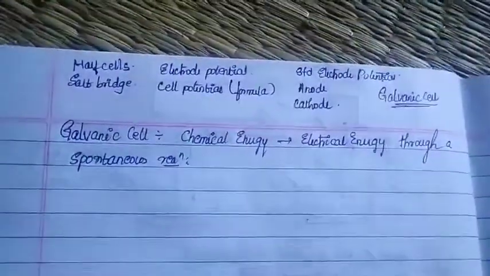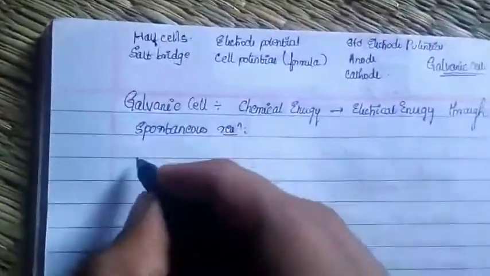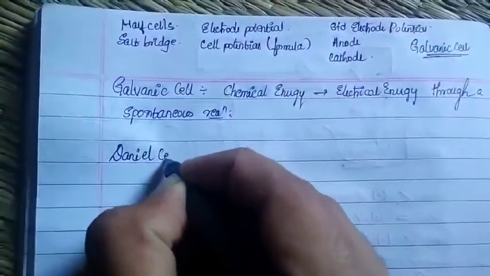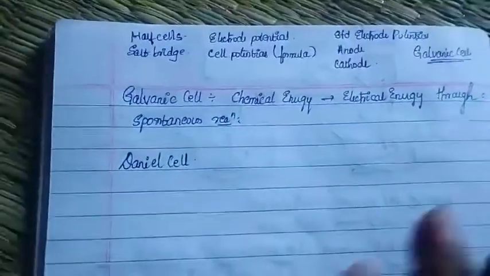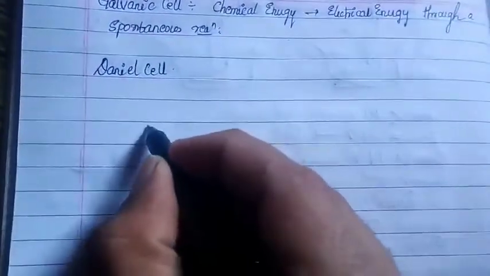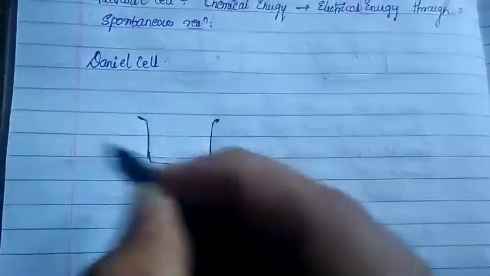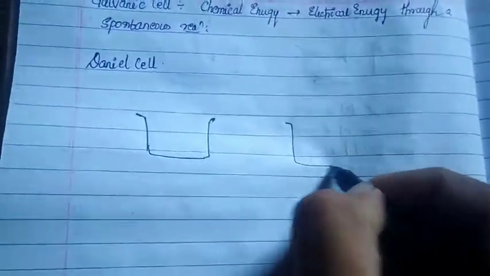Okay guys, to begin with, as I have said, we are going with a galvanic cell, and the better example for a galvanic cell is your Daniel cell. So when I draw a Daniel cell, I take two containers basically.